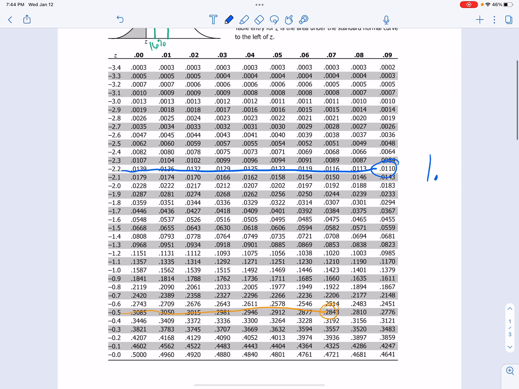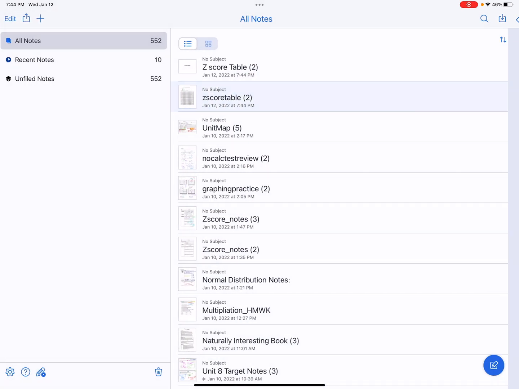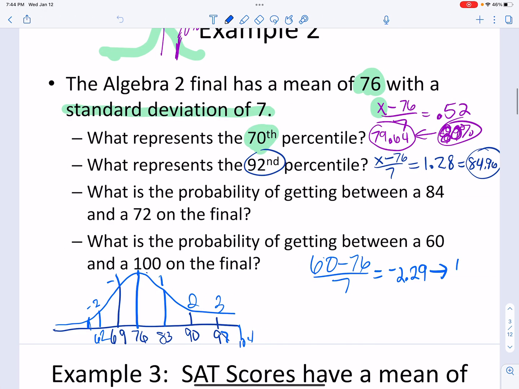So that would be 1.1%. Okay, 1.1%. So everybody else is going to score above them. So that's 1.1% below. So that's like 98.89% above. Again, apologize for my craziness.